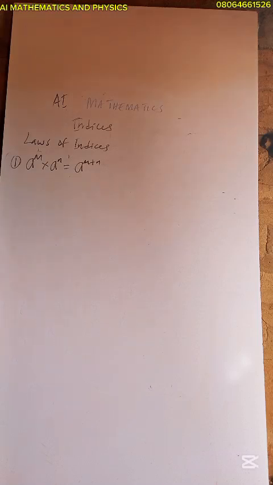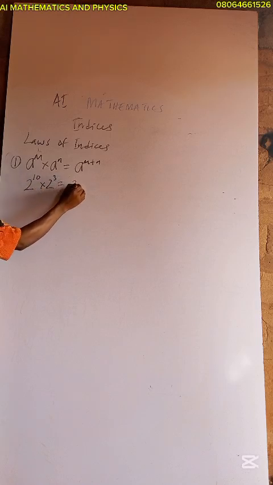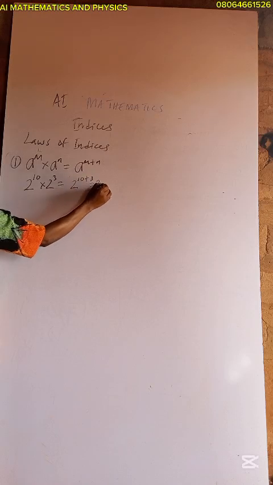That is, when we have the same value and we have multiplication between them, just add the power. For instance, 2 raised power 10 times 2 raised power 3 will be equal to 2 raised power, to add the power, that's 2 raised power 13.